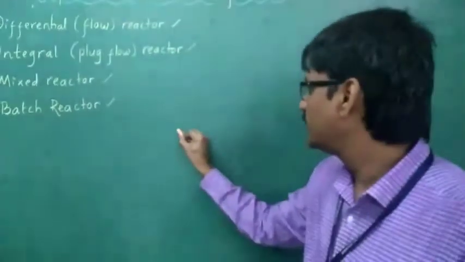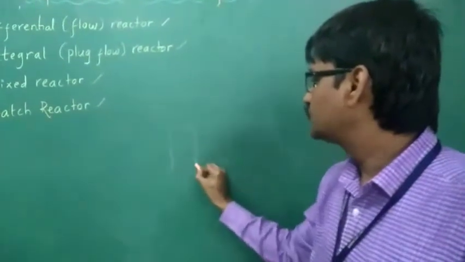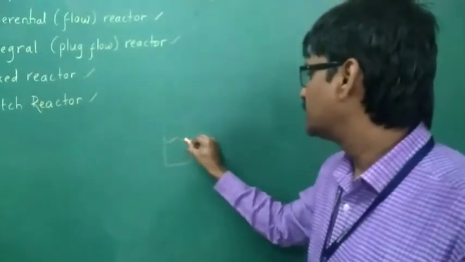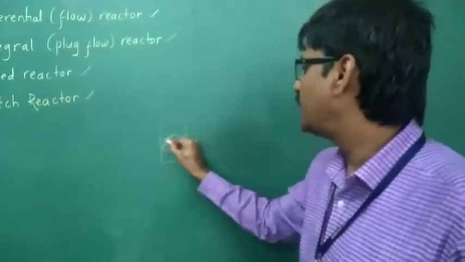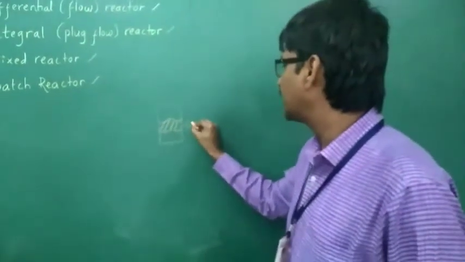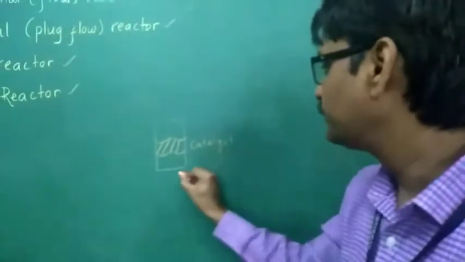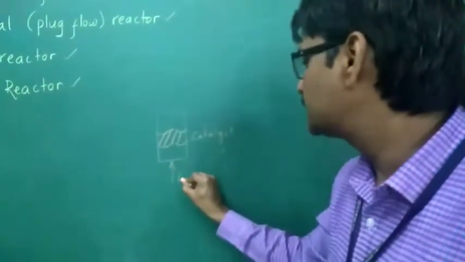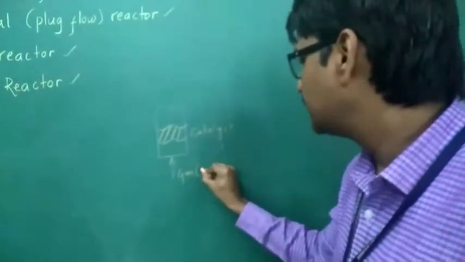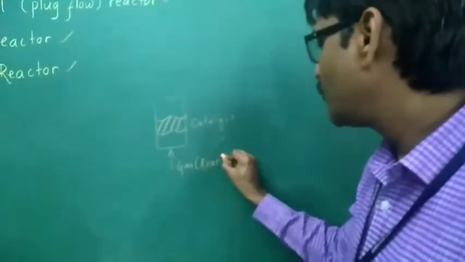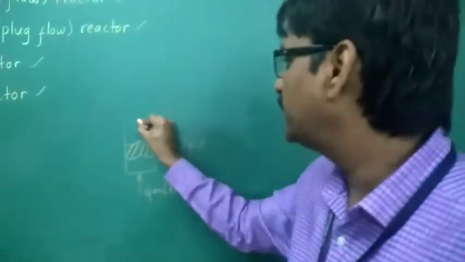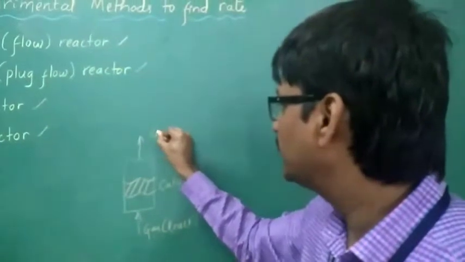It is usually the reactor through which the solids, which are usually a catalyst, will be used in the reaction, where the gas is usually a reactant, which will be passing through this bed and conversion will be achieved.